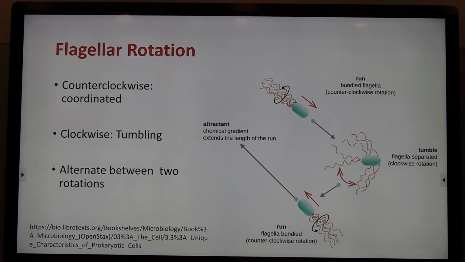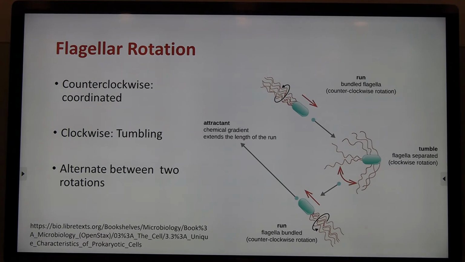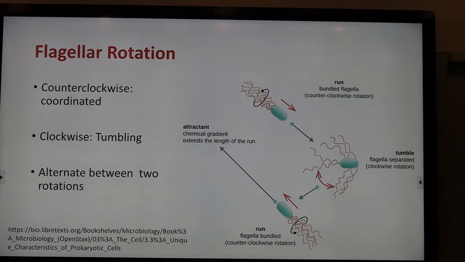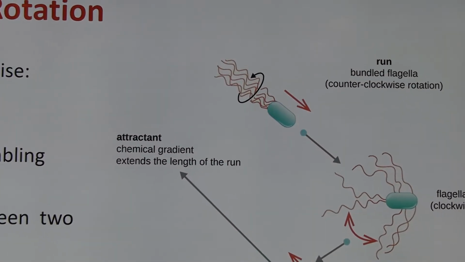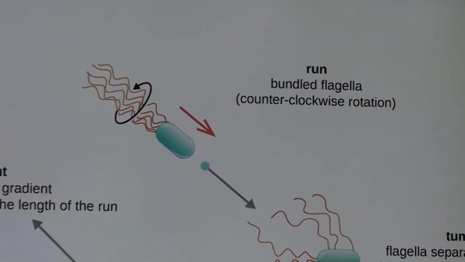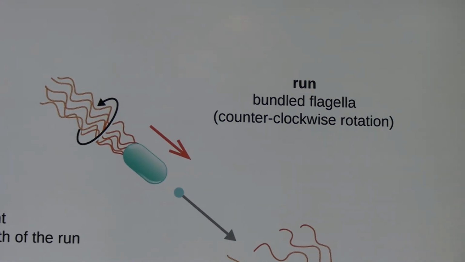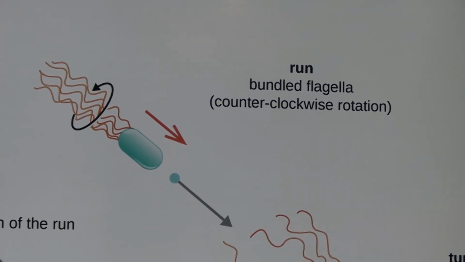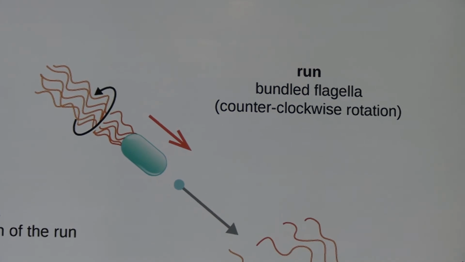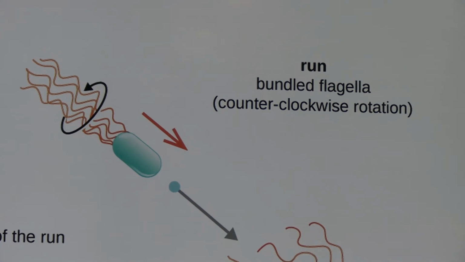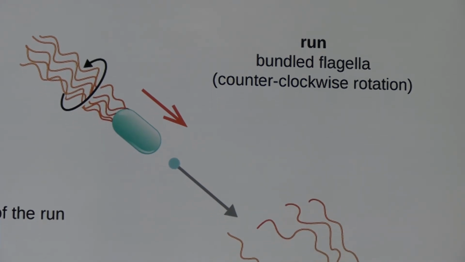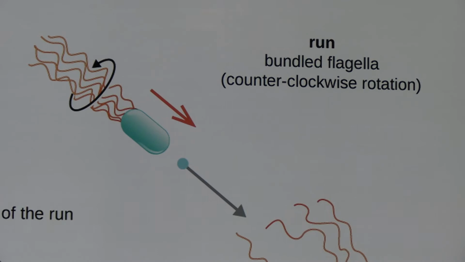When the flagellum rotates in a counterclockwise direction, as you can see from the figure in the right part, the peritrichous flagella become bundled and push the cell swimming smoothly, or we can call this a cell run.